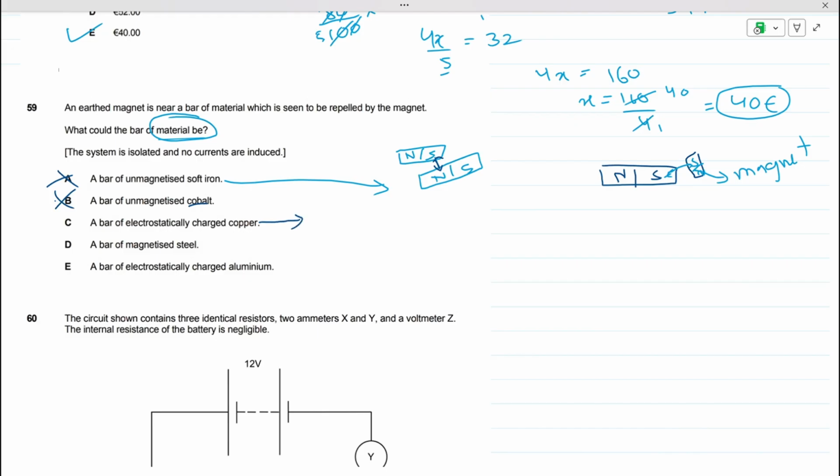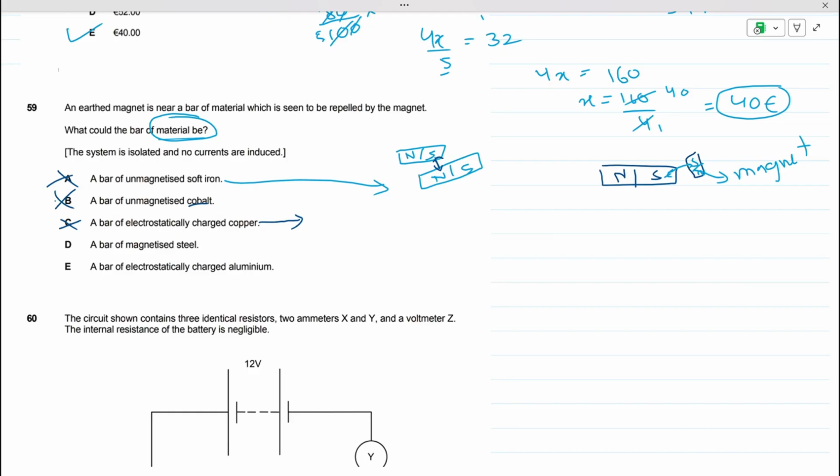See, charged copper. When charges move, they basically produce a magnetic field and they behave as a magnet. But when there is only charged copper, when charges are not moving, when charges are not flowing, that is not a magnet. So this is not our option at all.